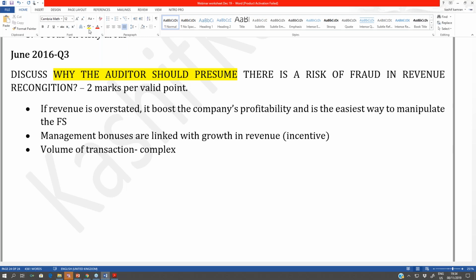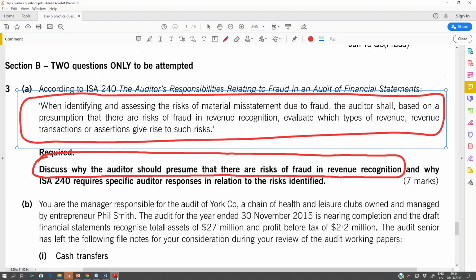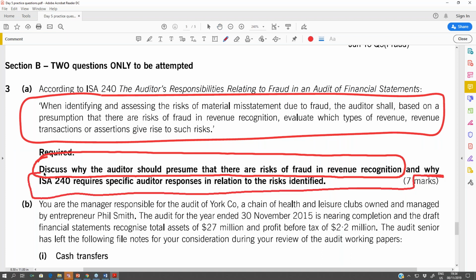And then you look at the next requirement of the same question. It says, discuss why the auditor should presume that there is a risk of fraud in revenue recognition and why ISA 240 requires specific auditor responses in relation to risk identified.